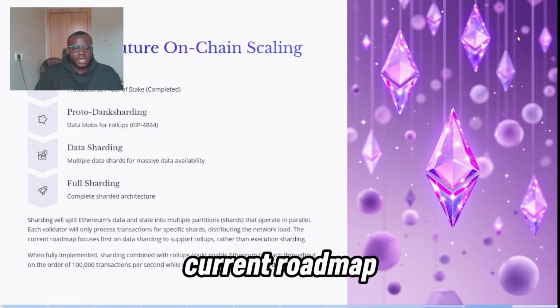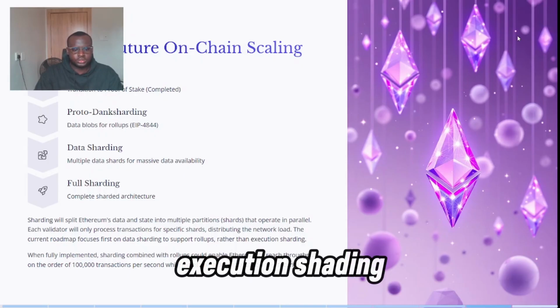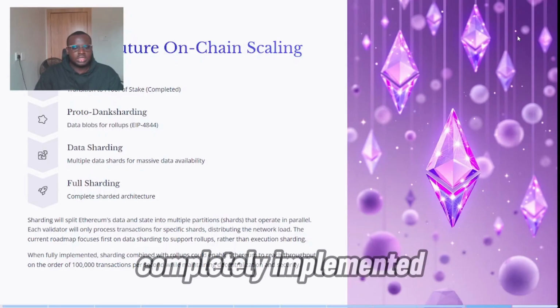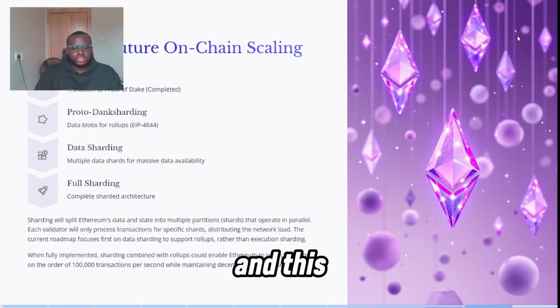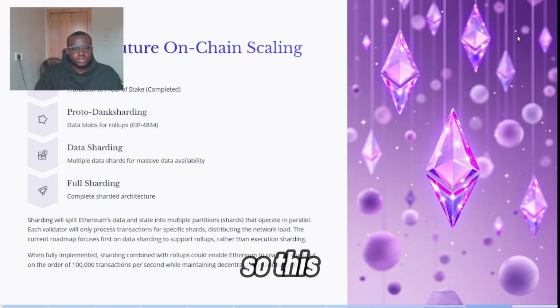The current roadmap focuses first on data sharding to support rollups rather than execution sharding. When this is completely implemented and combined with rollups, it would enable the Ethereum network to reach throughput on the order of over 100,000 transactions per second while maintaining decentralization and security. Once this is completed, the blockchain trilemma is over.